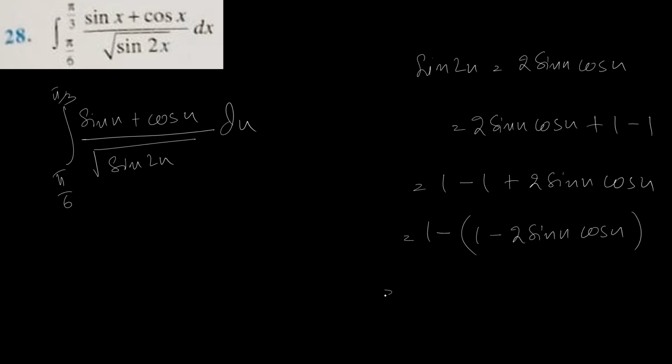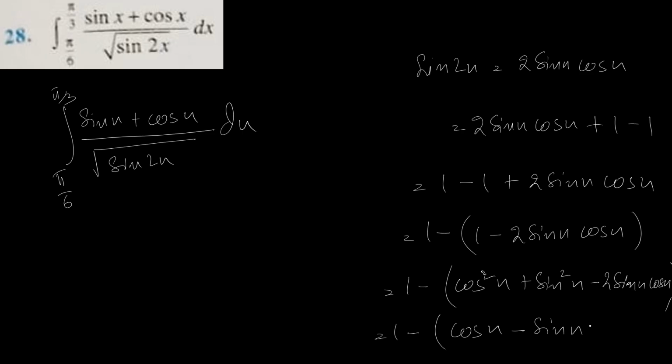Okay, now this 1 I can write as cos square x plus sin square x minus 2 sin x cos x. Okay, so this is 1 minus, this is our formula, cos x minus sin x the whole square.